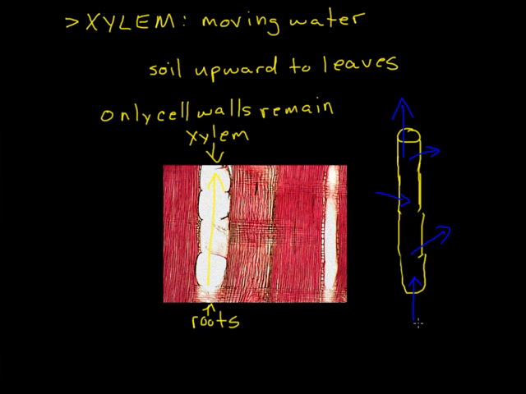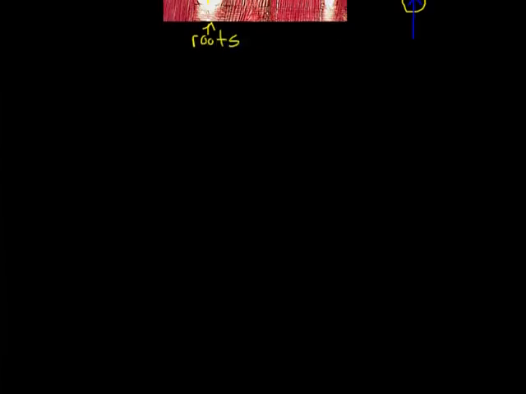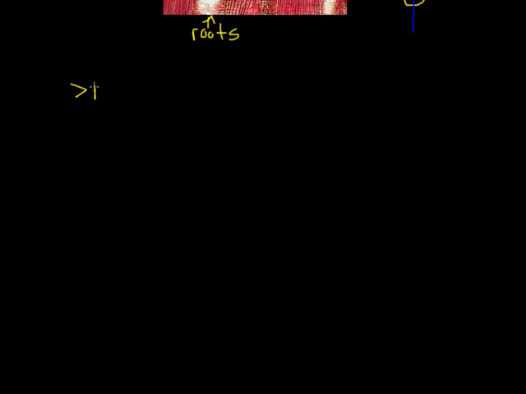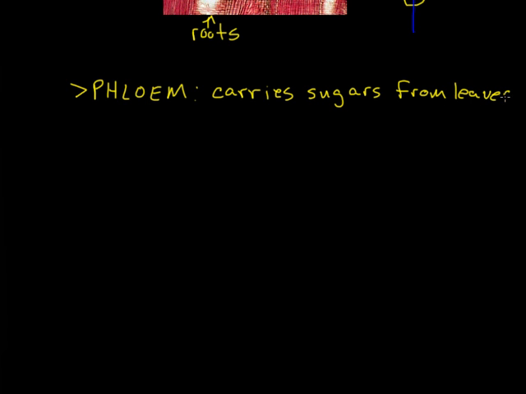So let's talk about the second type of vascular tissue, which is called the phloem. While the xylem carries water from the roots mainly up to the shoots and eventually to the leaves, phloem basically flows in the opposite direction in that it carries sugars predominantly from the leaves to the roots.